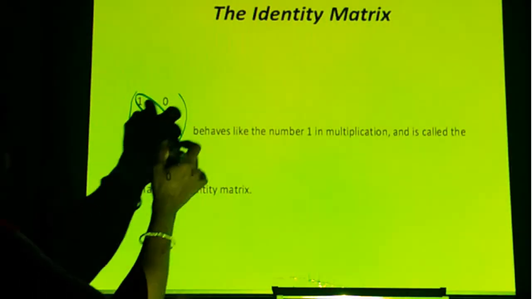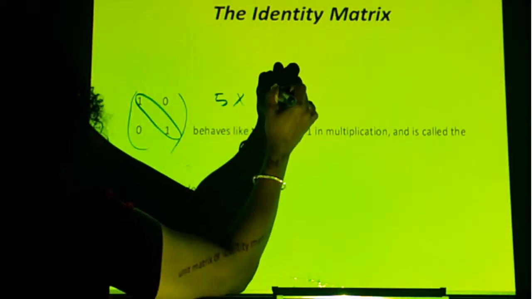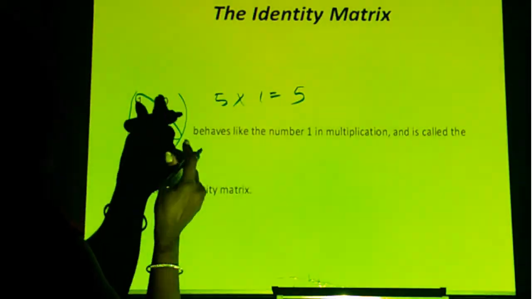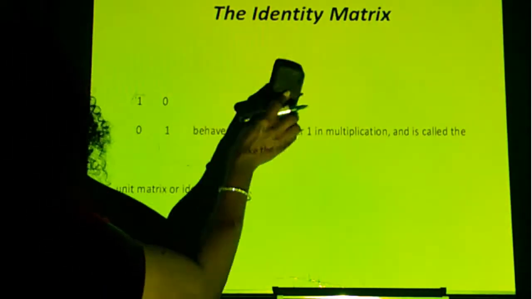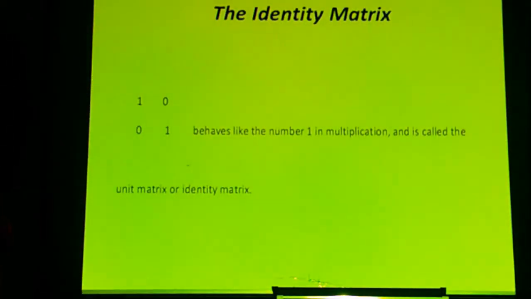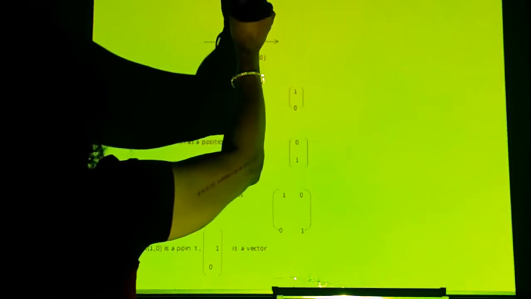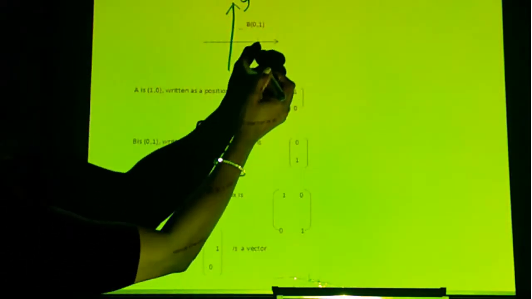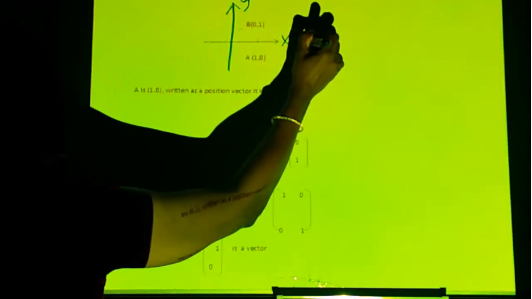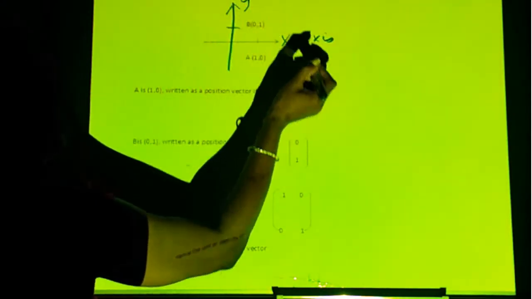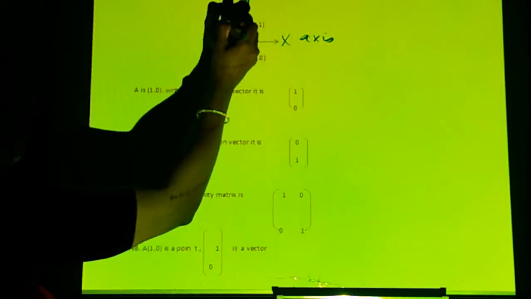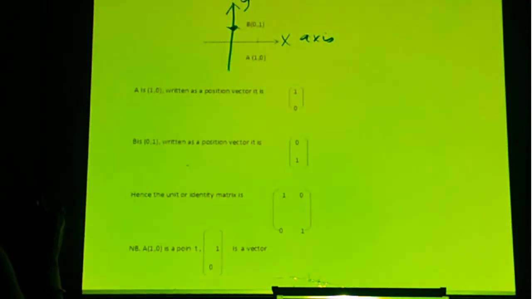So that's called an identity matrix and it behaves like the number 1. So we know that 5 times 1 is equal to 5. So let's see where we go from here. Alright, let me fix the y-axis and the x-axis. So this point on the y-axis is (0, 1).